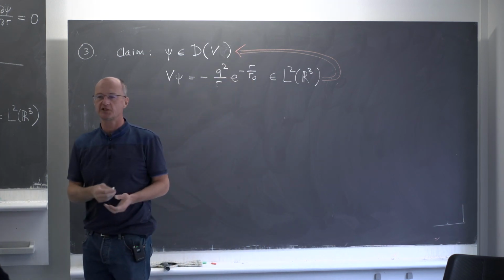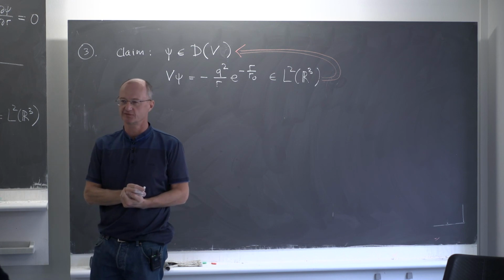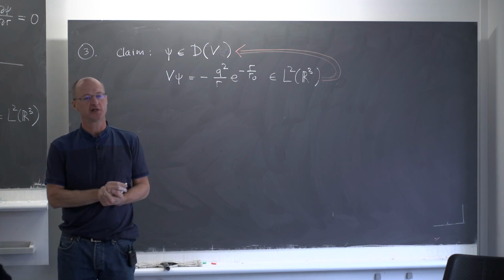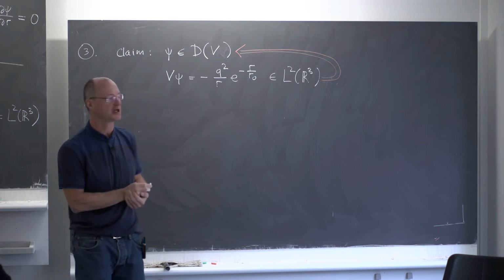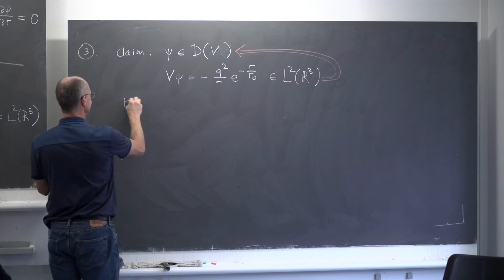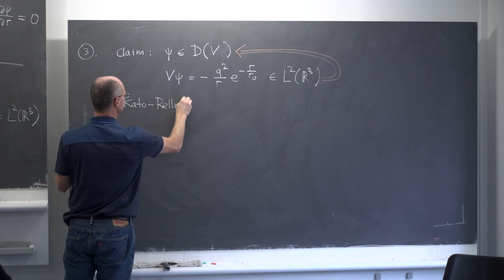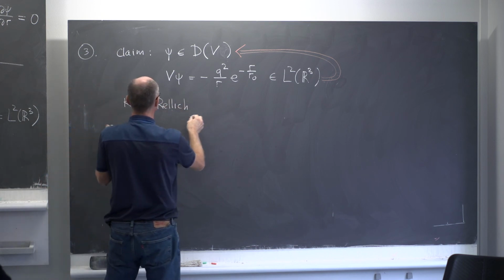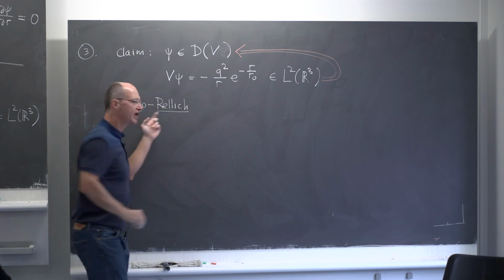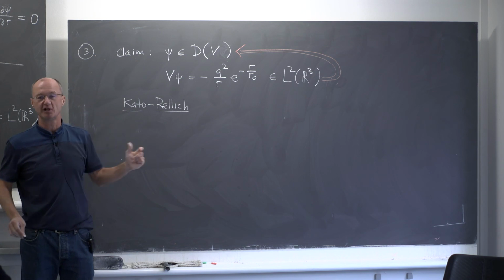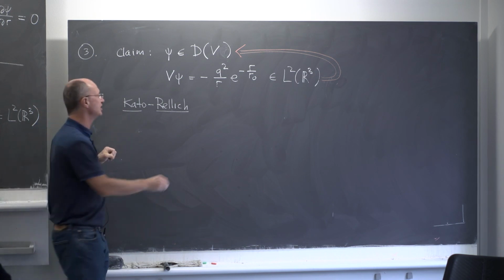Now, what would be the high-tech way to do it? Let me recall that by Kato-Rellich, we actually don't need to check it. At some point, we checked the complicated Kato-Rellich estimate for the Laplacian and exactly that potential.